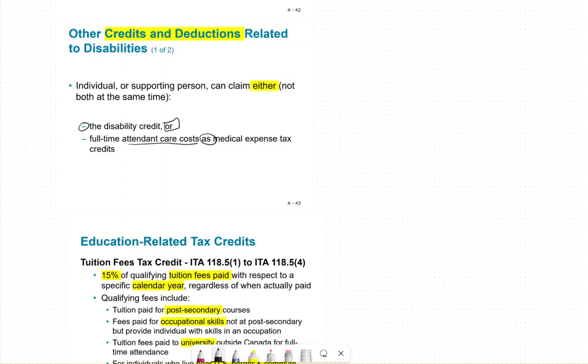Either you're allowed a deduction for the full-time attendant care costs as a medical expense, so what you could do is put this attendant care as a medical expense, or you can get a disability credit. Either you are allowed a deduction or a credit, not both.